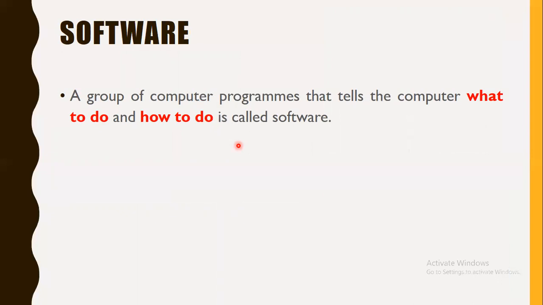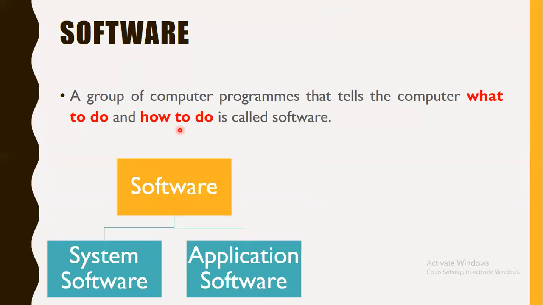So in other words, we can say that a software is the set of instructions which tells the computer what to do and how to do. So in easy words, software is a computer program, a set of instructions which guides the computer how it has to perform the task.